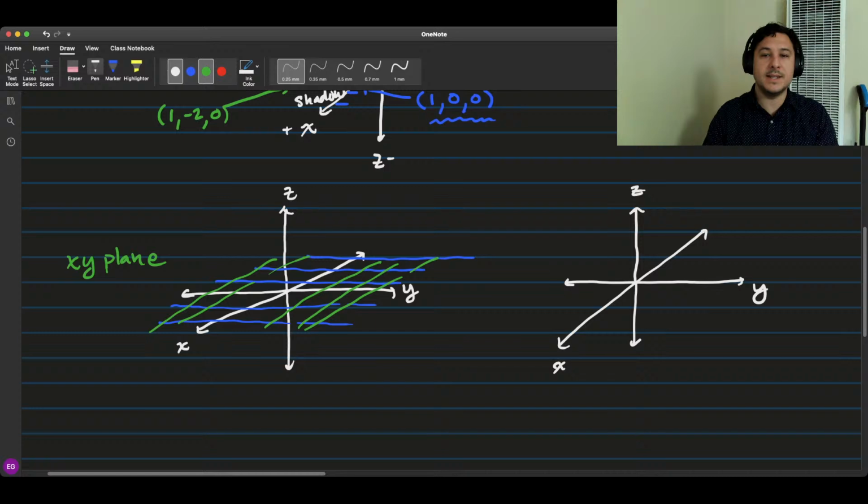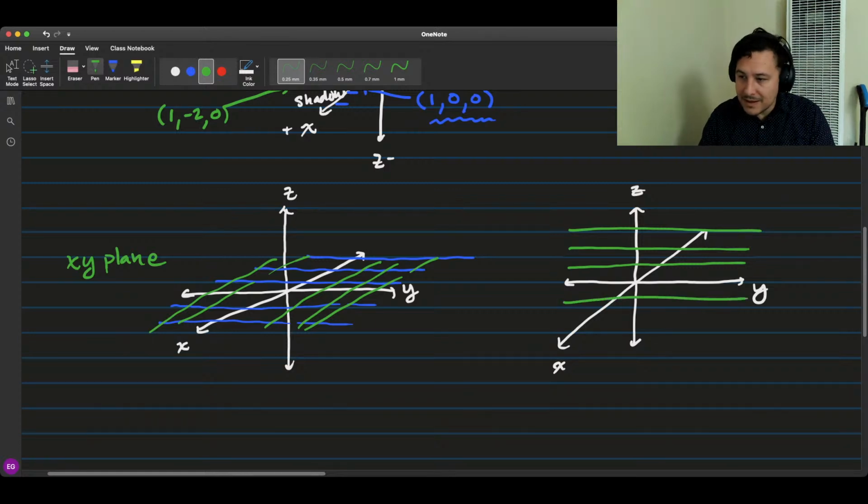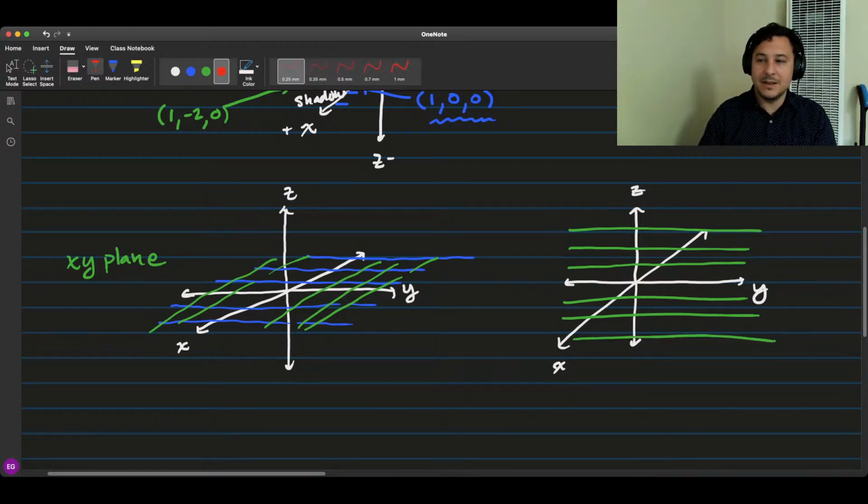Okay, so I'm going to draw some lines parallel to the y-axis, and some lines parallel to the z-axis.